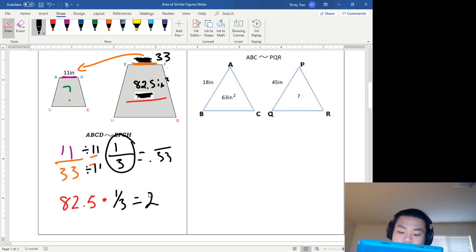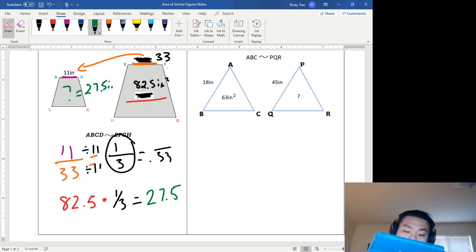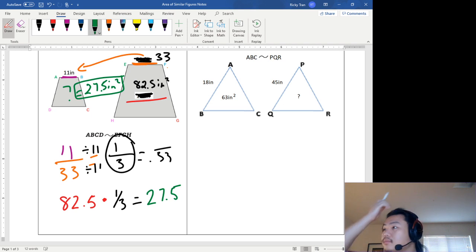That's better. Okay, just 27.5 inches squared. There we go.